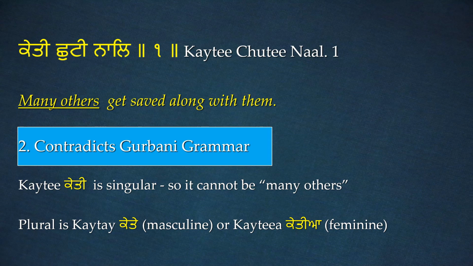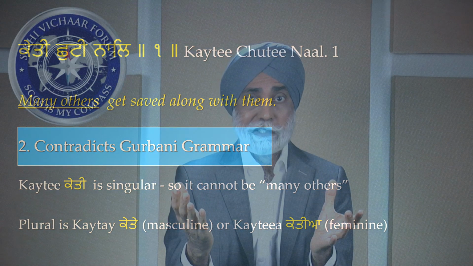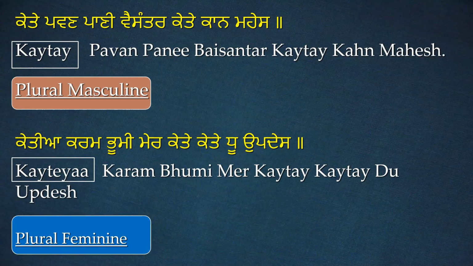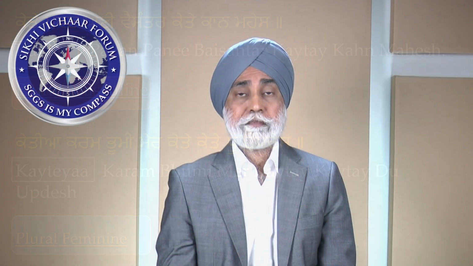The word for plural usage is kete for masculine subjects and ketia for feminine subjects. For instance, we have this verse in Japabani, Kete Pavanapani Vesantara, Kete Kan Mahesh. The word Kete is being used in the plural here for masculine subjects. Pavana, Pani, Vesantara, Kan, Mahesh are all masculine subjects.